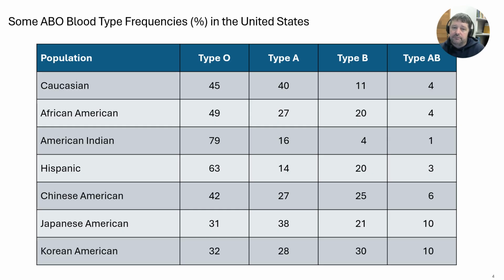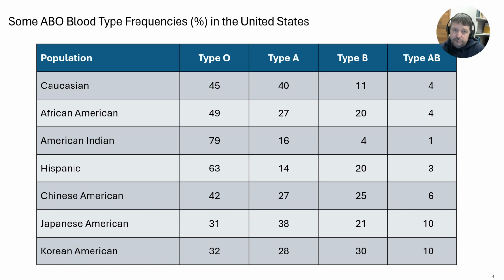It shouldn't be a big surprise that Native Americans and Hispanics, two groups directly related to each other, have a high frequency of type O blood.